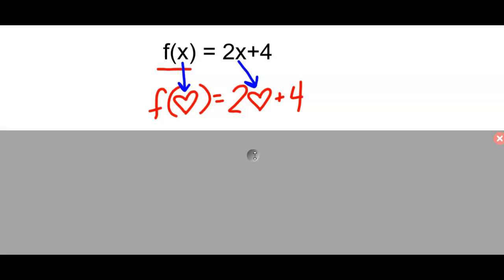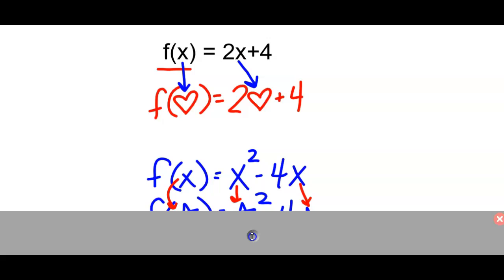We're simply substituting this in for wherever our x is in our expression. So it's simply a substitution problem like what we've been doing since chapter 0. So really no different, just looks a little different because of the function notation.